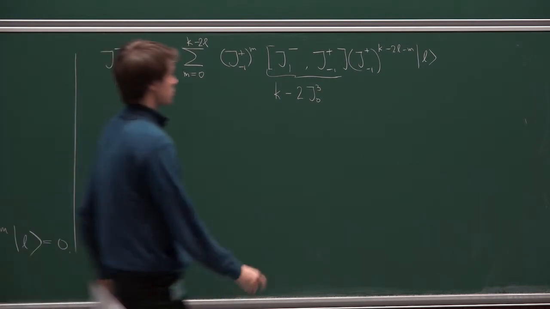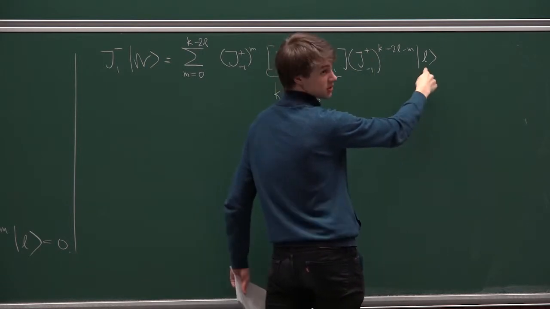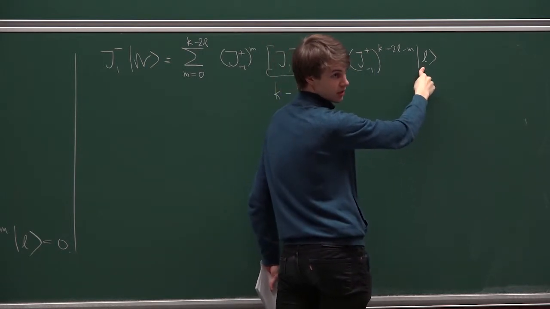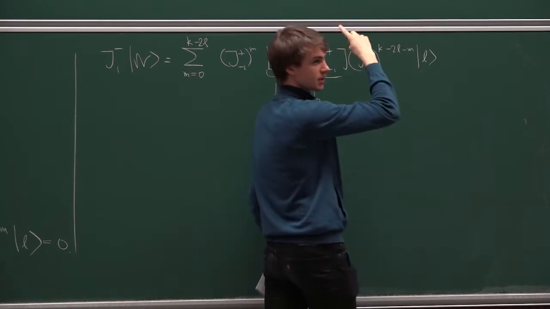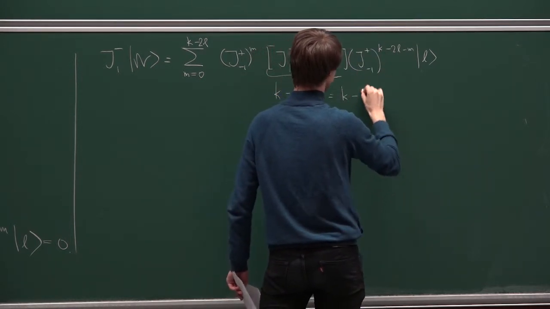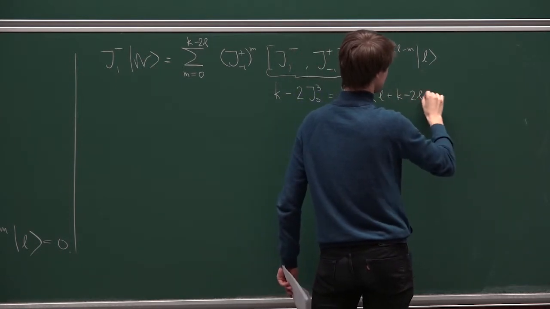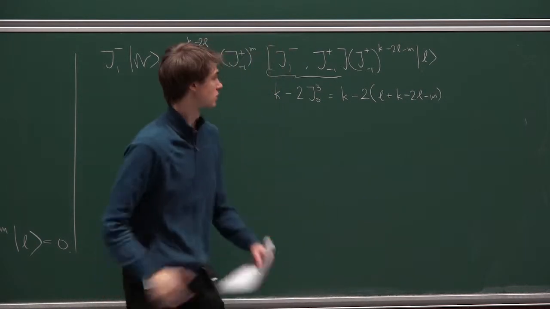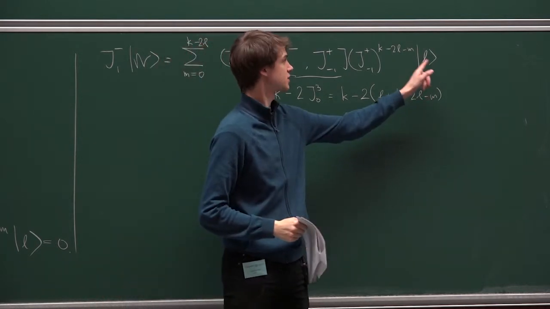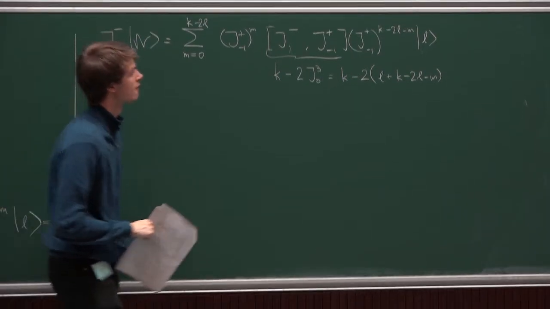And the J03 we can evaluate, because this here had J03 equal to L eigenvalue. Every plus operator puts me one more. So this on the state here is just K minus 2L plus K minus 2L minus M. The L is from the highest weight state, and then I applied this many pluses. So that's what I get.